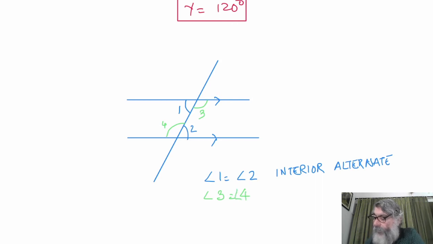Again, interior alternate angles. So we have discussed the alternate angles. These are interior because they are between the two cutting lines.